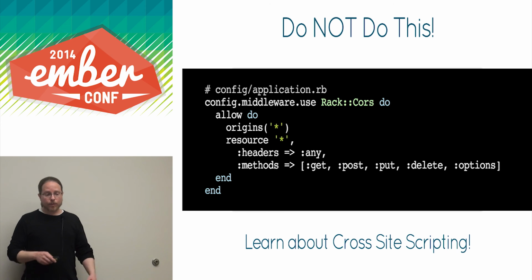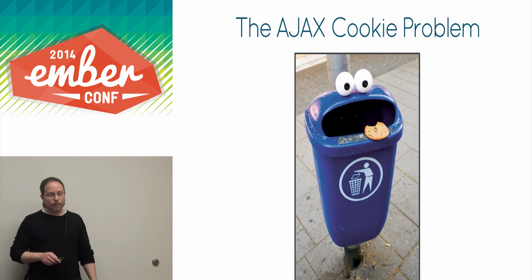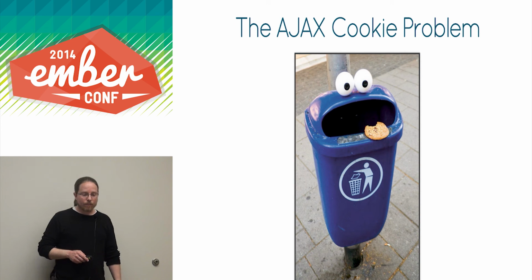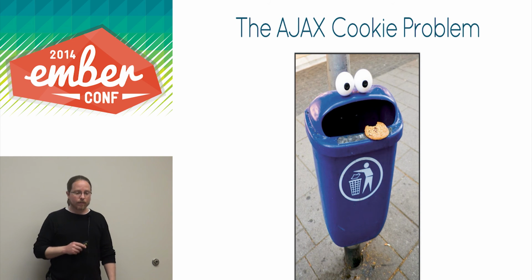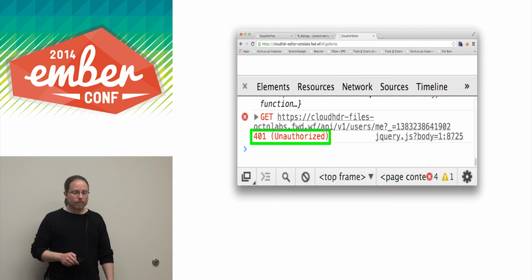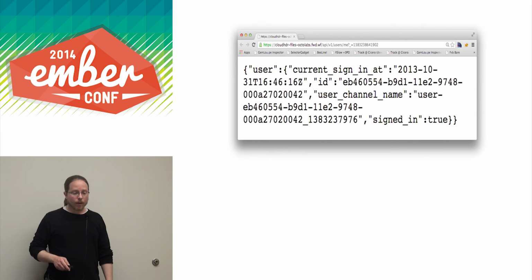So the next thing I ran into is the Ajax cookie problem. And what it looks like is this. The request would be sent by the browser, but it would return 401 unauthorized. Confusingly, if I clicked on that URL there that it was trying to get, it would open up in the browser and would show me that it had returned some JSON.